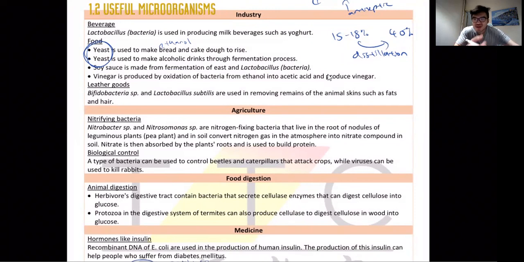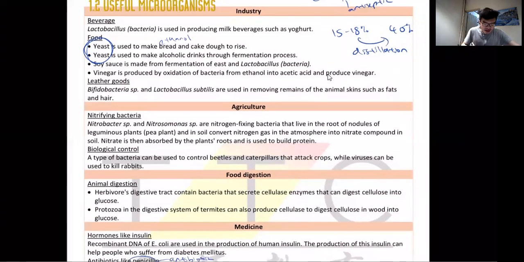That's why soy sauce makes everything so appetizing. Vinegar is made by oxidation of ethanol into acetic acid. So vinegar comes from alcohol too. We change alcohol into acid and you get vinegar. That's why vinegar smells a little bit like alcohol.